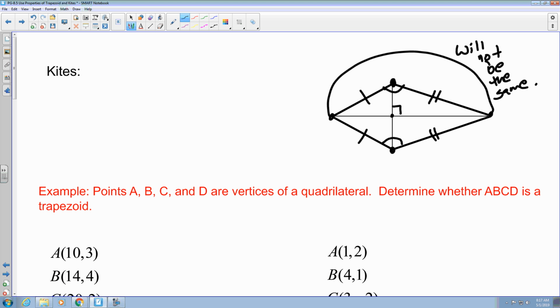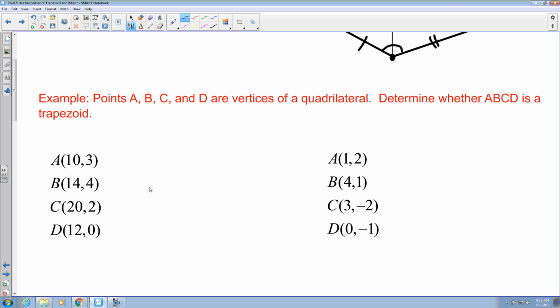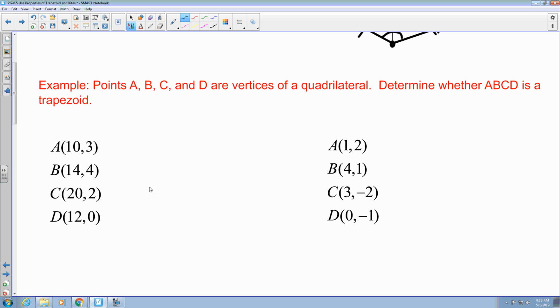Looking at our first example in the notes here, we have a series of ordered pairs. It says points A, B, C, D are vertices of a quadrilateral.